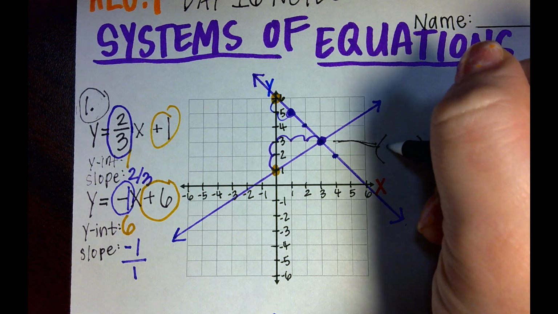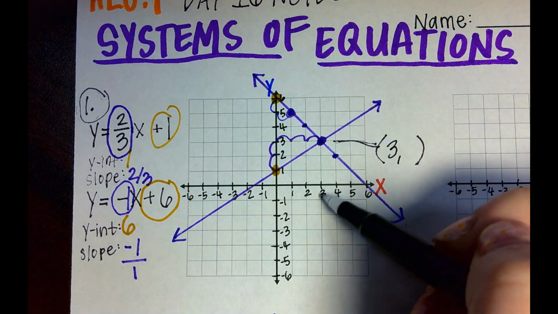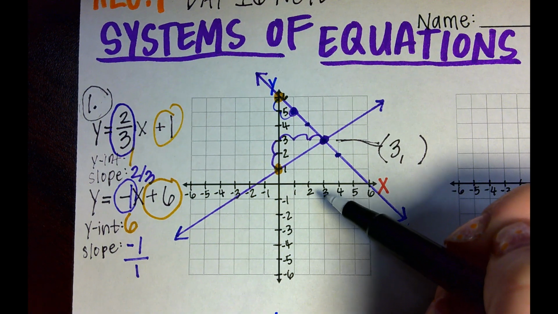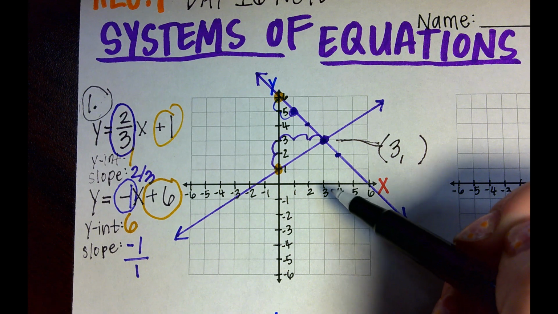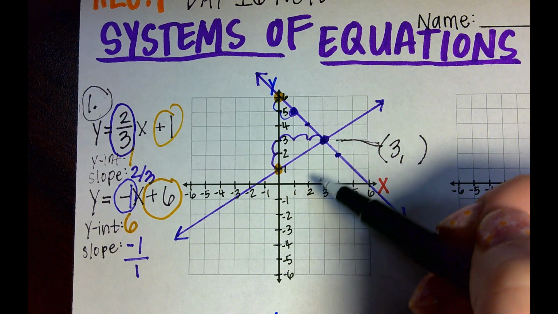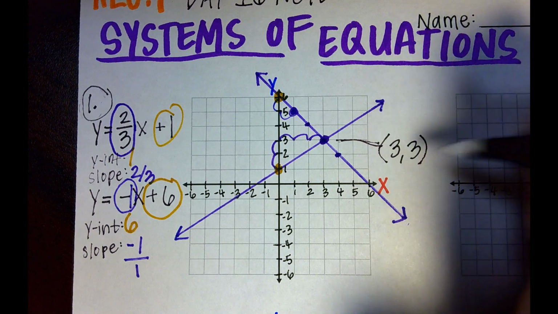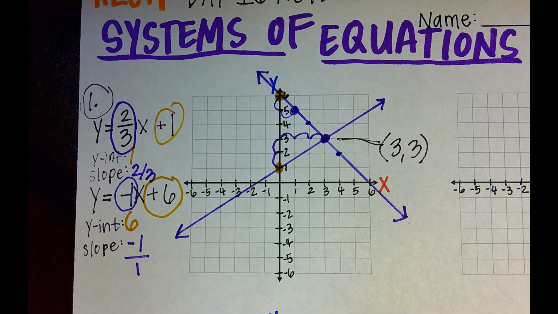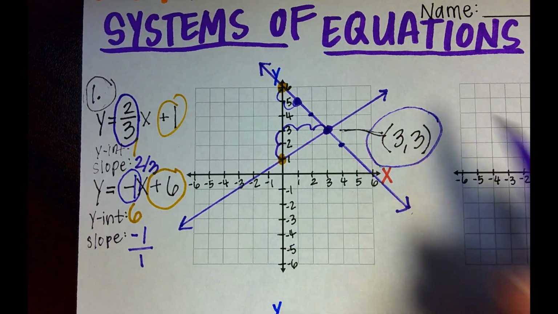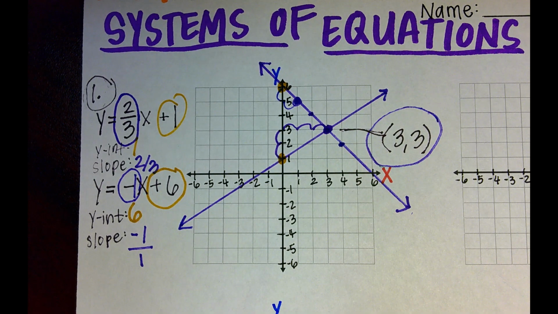So we have positive 3 for x, and our y, I heard somebody say negative 3, I heard someone say positive 3. Which one is it? Positive 3. Good. That would be our solution. Not so bad, not so bad.